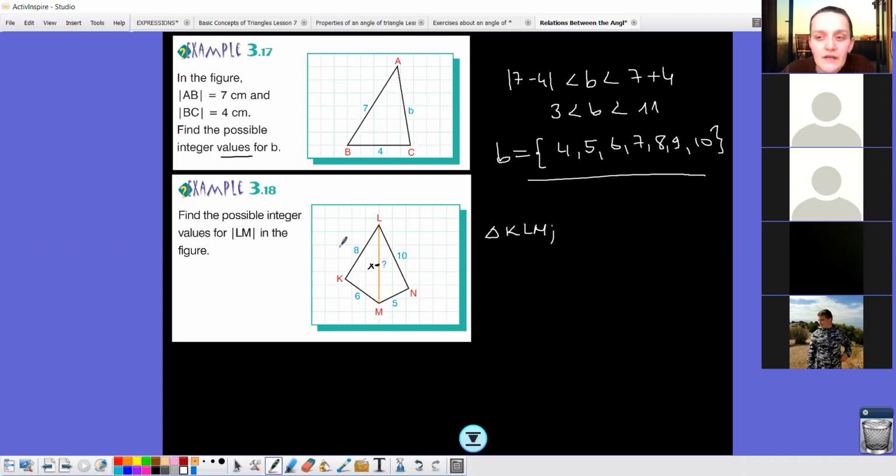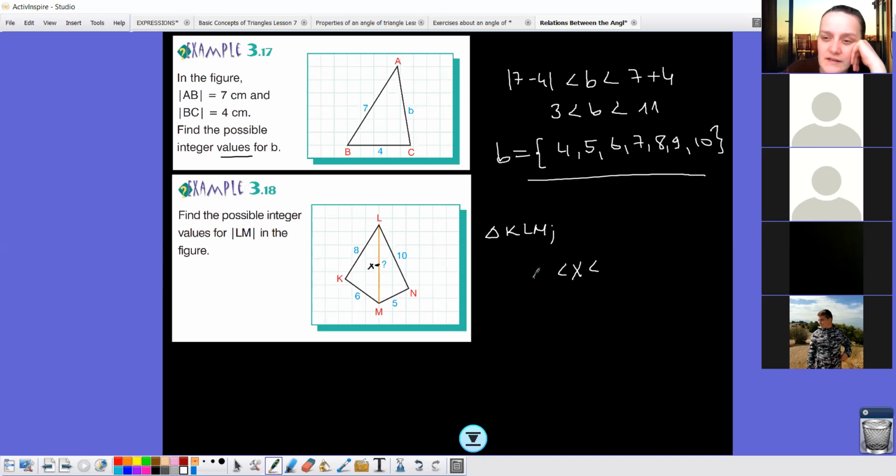Then let's write the triangle inequality for the triangle KLM. Here we have one side unknown X and the other two sides we know. So X I will write in the middle.